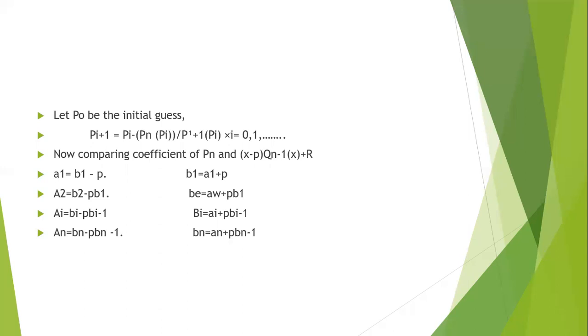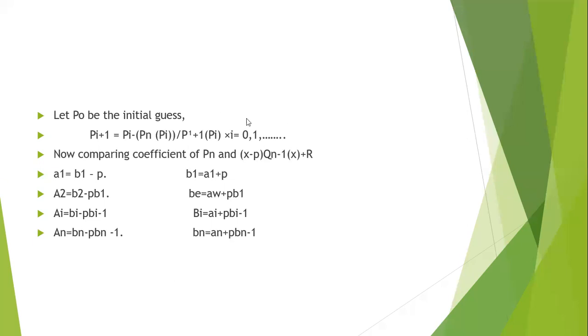Now comparing the coefficients of Pn and (x minus p) Q(n minus 1)(x) plus r, then a1 is equal to b1 minus p, so b1 is equal to a1 plus p. a2 is equal to b2 minus p into b1, so b2 is equal to a2 plus p b1. In general, ai is equal to bi minus p b(i minus 1), so bi is equal to ai plus p b(i minus 1).